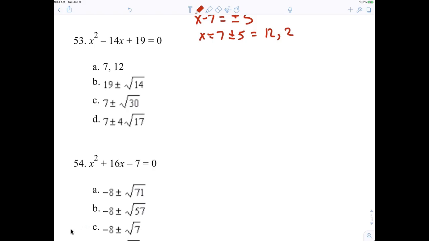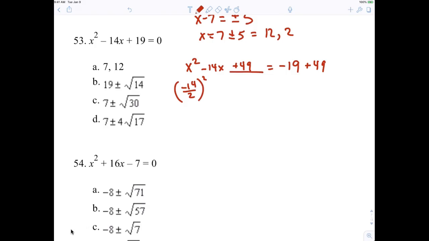So again, x squared minus 14x, leave a space, equals -19. Half and square. Somebody tell me what that is. Plus 49. Remember, that's just half of 14 squared.